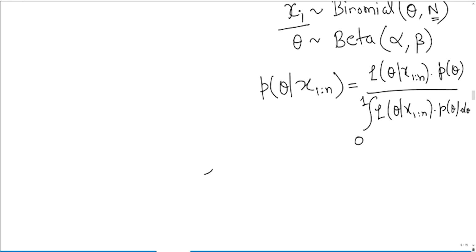What will be the likelihood of theta given this data, given that the likelihood assumption is that the underlying process is binomial? So what is the PDF of the binomial distribution?